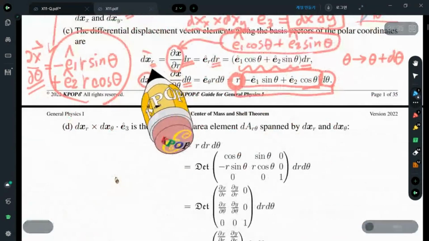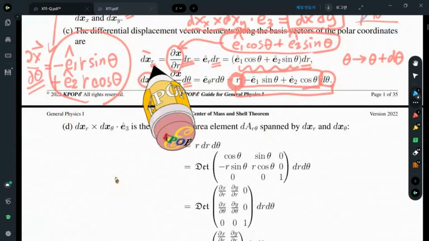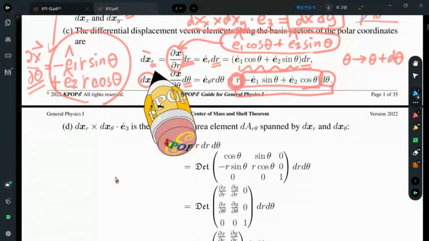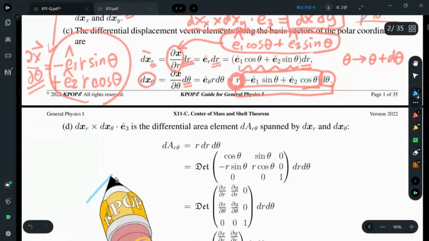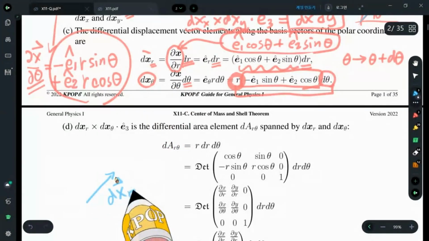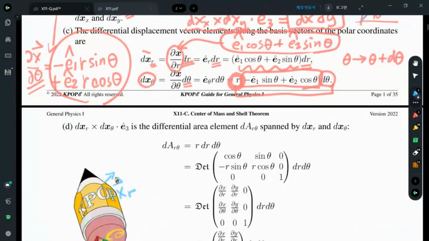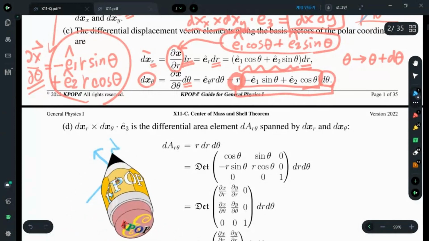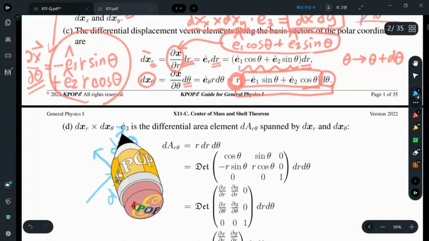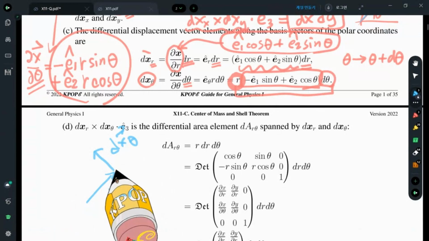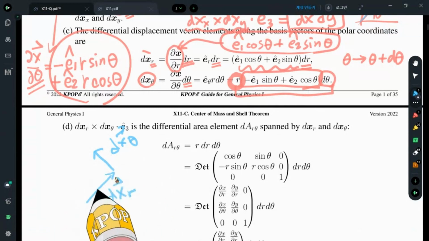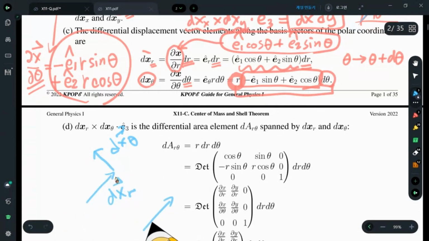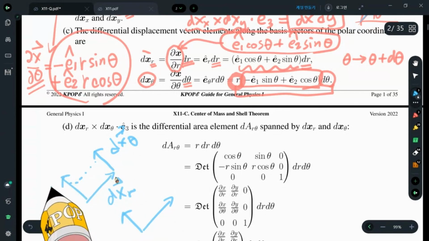So if I want to express the area in terms of these two-dimensional polar coordinates, what I want to do is this: this is dx in the radial direction, and then we have dx in the tangent direction. We have this area. This area is the same as this one. I translate this d theta displacement into here.